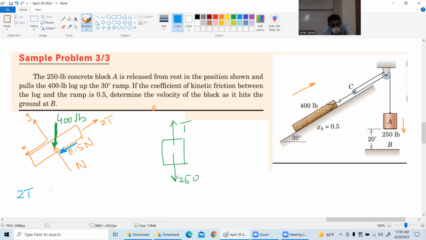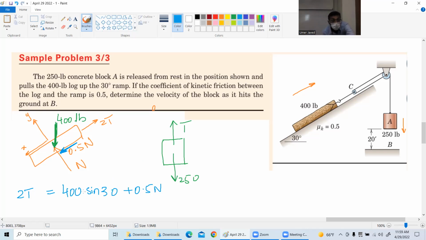2T equal to 400 sine of 30, plus 0.5 N. Now, what is 400 sine 30? 400 sine 30 is 200.